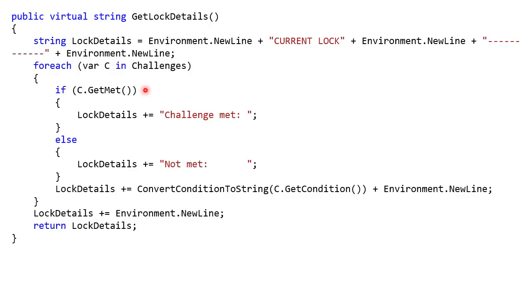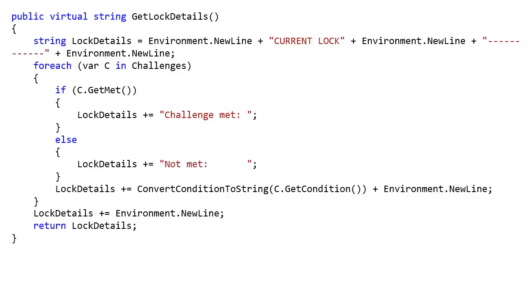So if GetMet returns true, meaning that that particular challenge had been met, then it adds this text, challenge met, to the string, otherwise it adds not met to the string, appending it to the end, which will eventually become the return value of this call, which itself is being passed the result of get condition here.